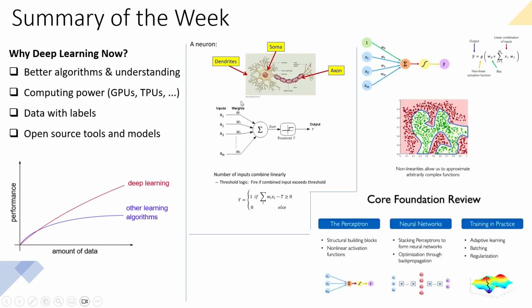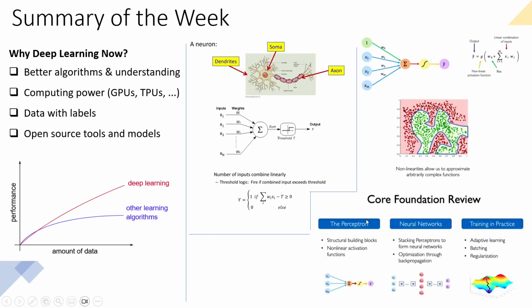And the mathematical definition for this biological neuron is this one. And this part is the soma. These are the dendrites. We have inputs, we have weights, we have a bias, and we have an activation function. And we have seen this activation function is used to introduce nonlinearities to the problem.